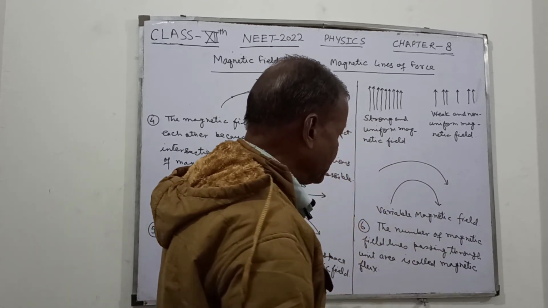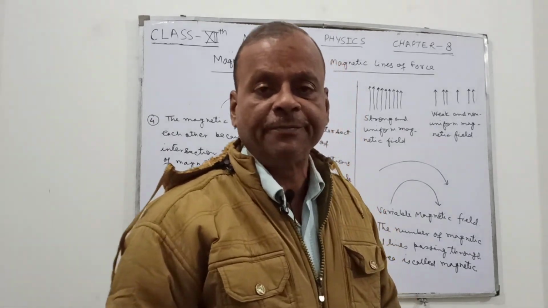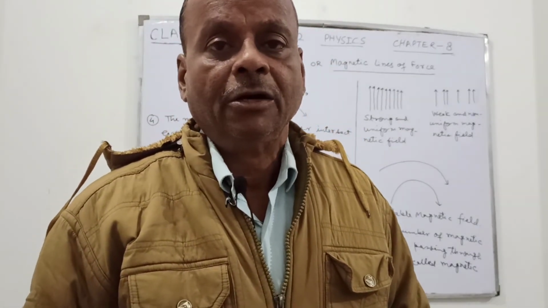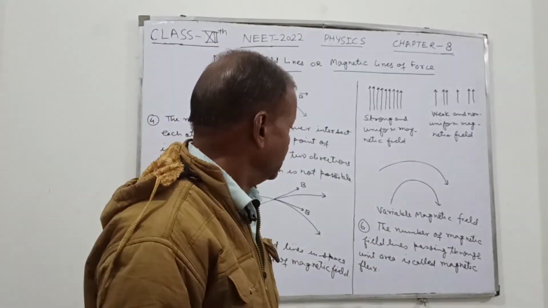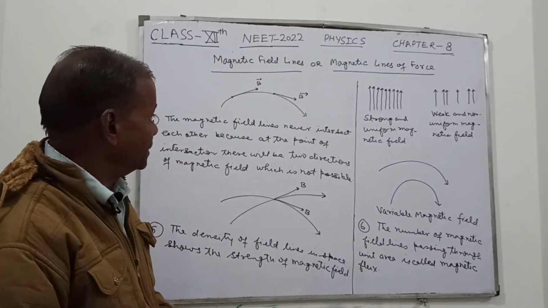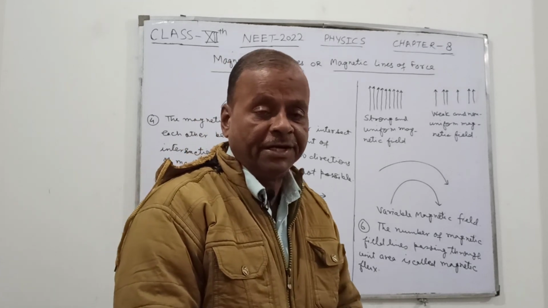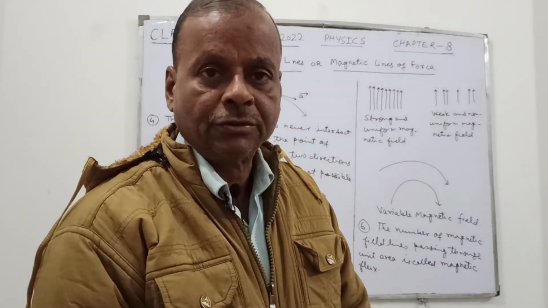That I will tell you later on, because this magnetic flux is a very important physical quantity, which is just like the electric flux. So these are the properties of magnetic lines of force.